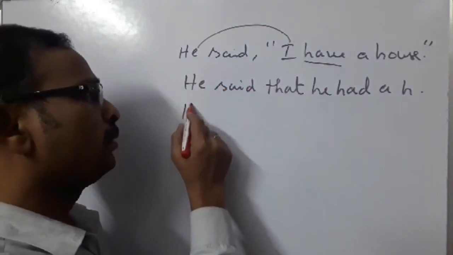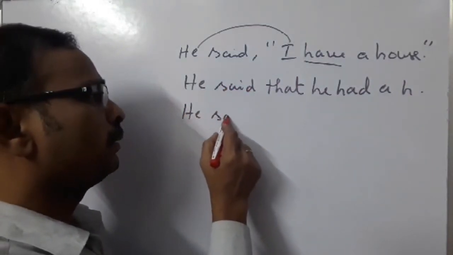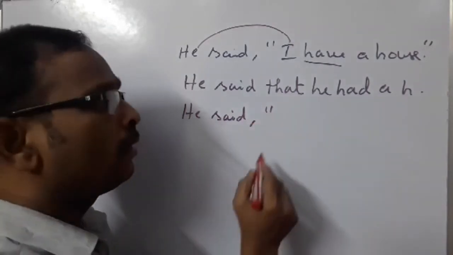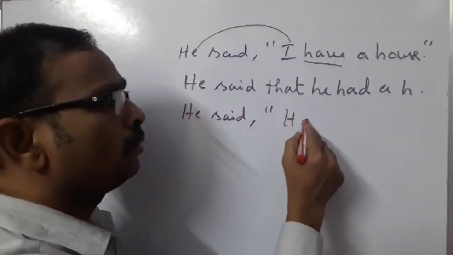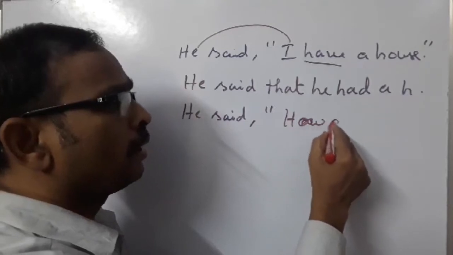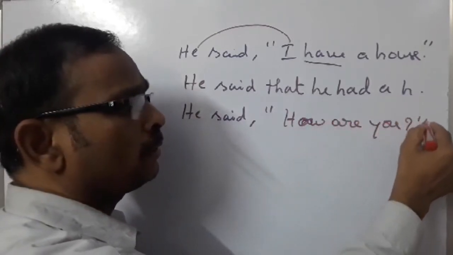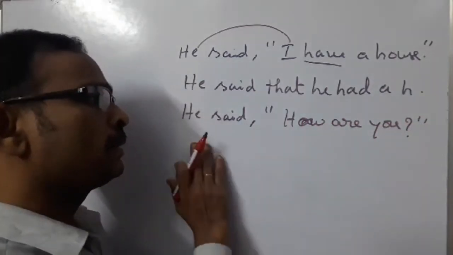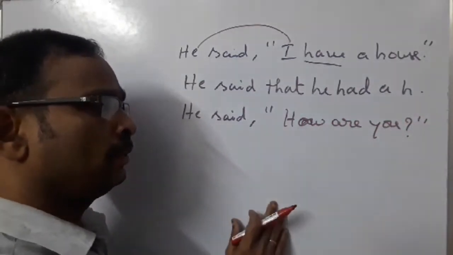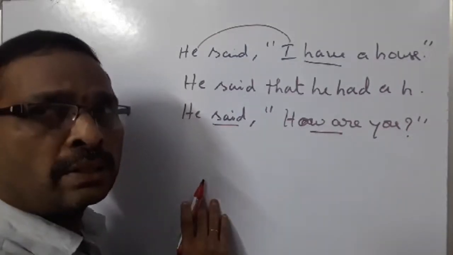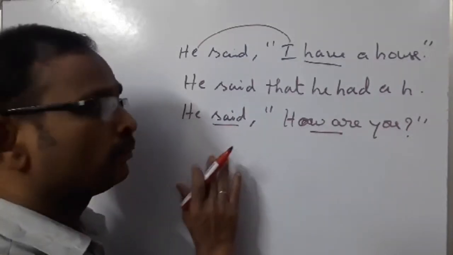Suppose you observe, he said, comma, how are you? Question mark, unquote. Here it is a question. So said becomes asked, because that is meaningful.